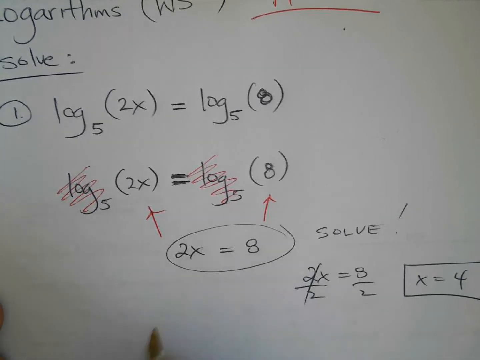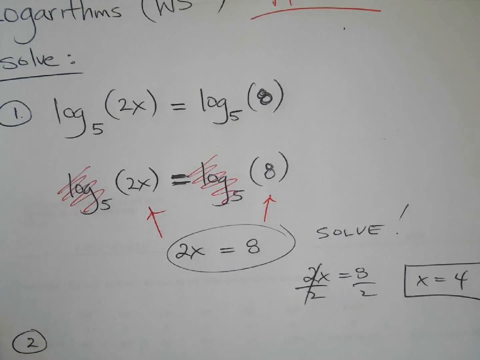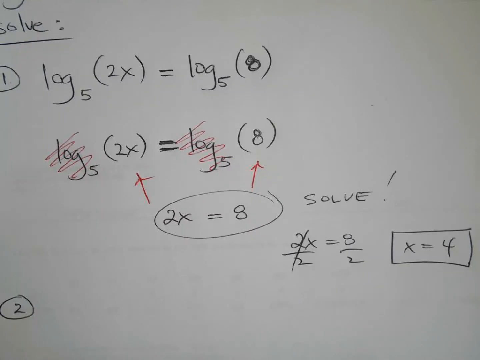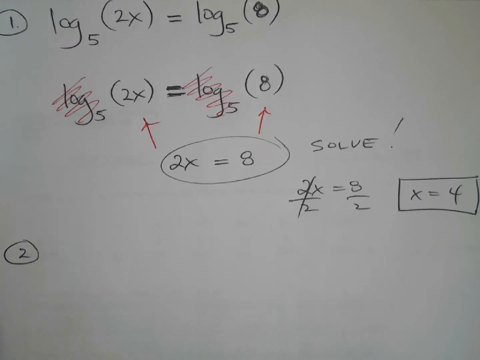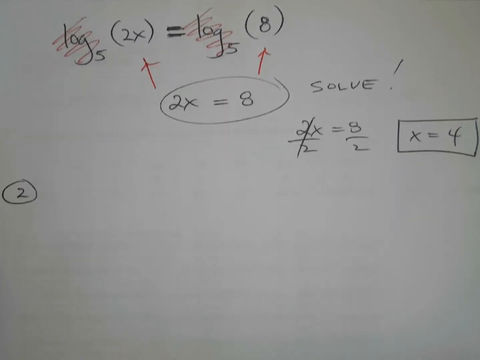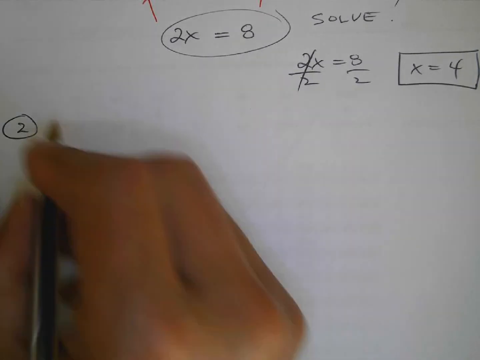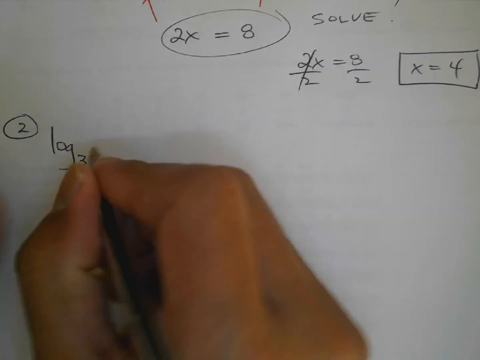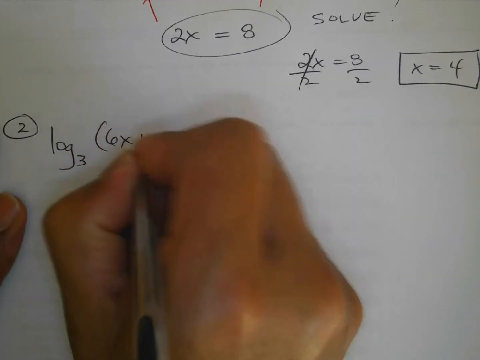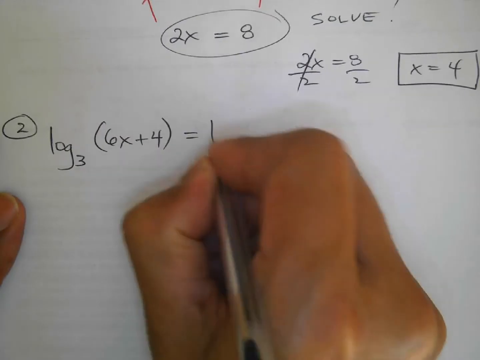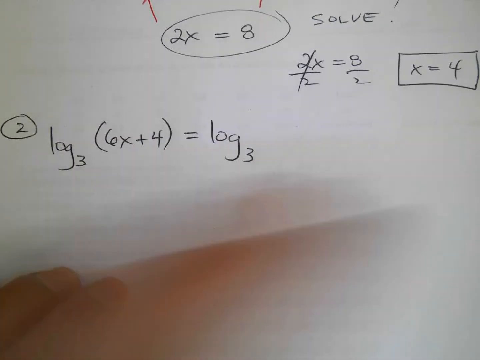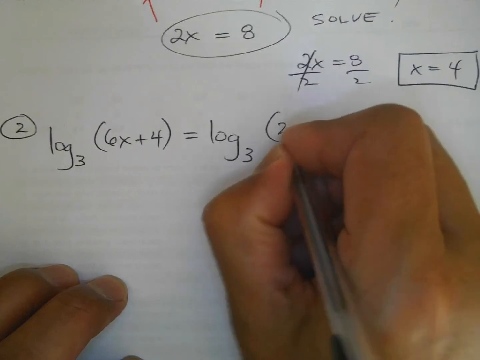All right, that was an easy one. Number 2. Let's look at another one similar. They look intimidating, but they're easy. Number 2. Log 3 of this expression equals, again, log 3 of this other expression.